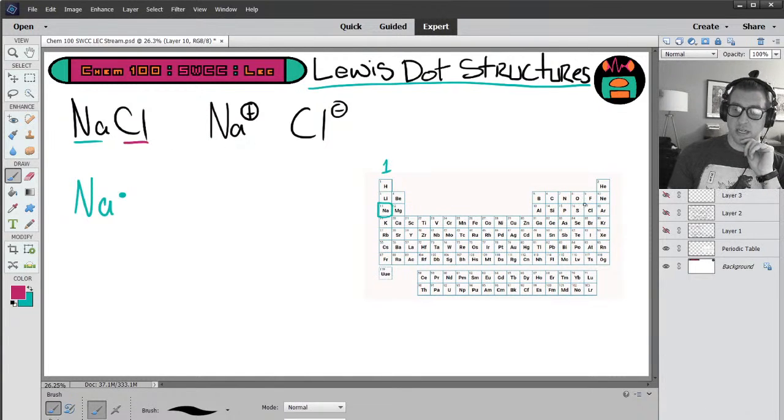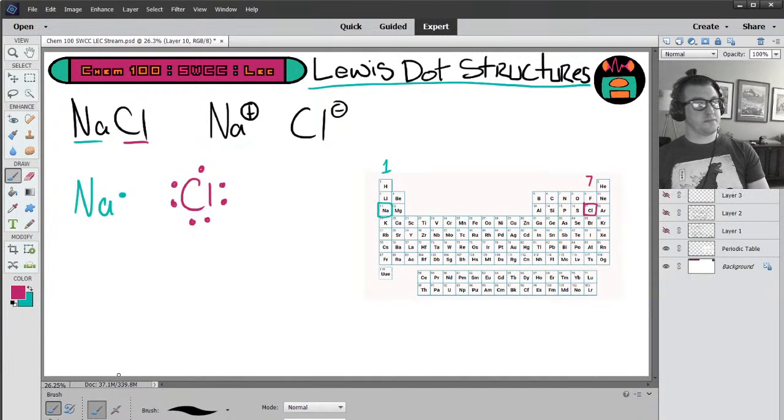Chlorine is all the way out here. It is in the 1, 2, 3, 4, 5, 6, 7th column on the periodic table. So that means that chlorine has 1, 2, 3, 4, 5, 6, 7 valence electrons.